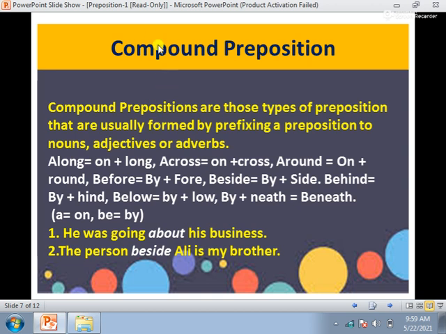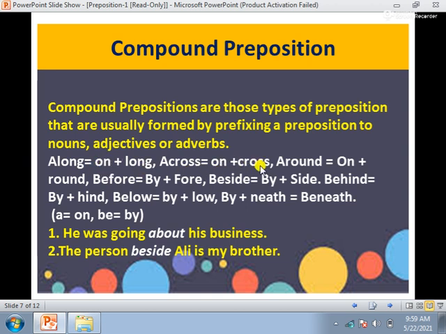Next come to compound preposition. Compound prepositions are those types of preposition that are usually formed by prefixing a preposition to a noun, adjective or adverb. For example, along: on plus long. So with the preposition on, long has been added.